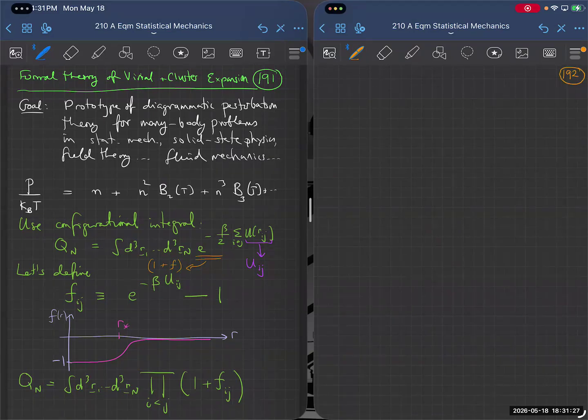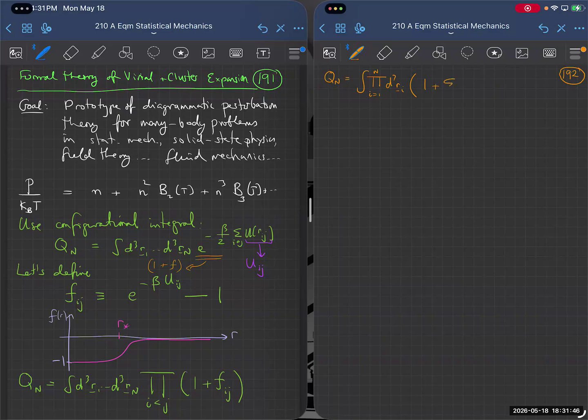So then we can just expand it. Then Q_n is equal to the integral, product over i equals 1 to n, d^3r_i, and then I have 1 plus... okay, so now multiply that thing out.